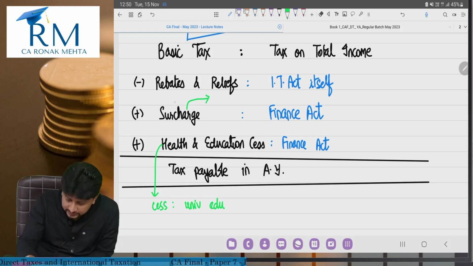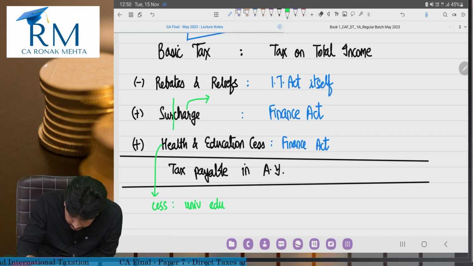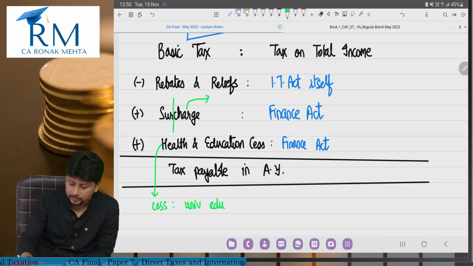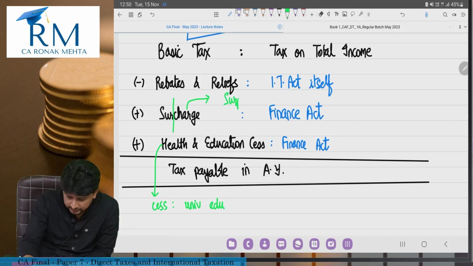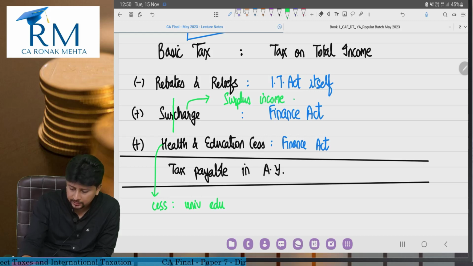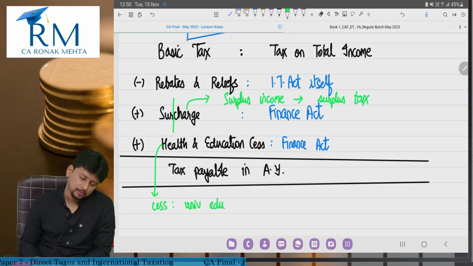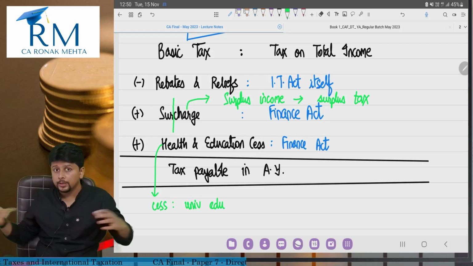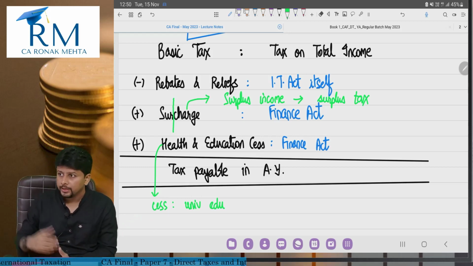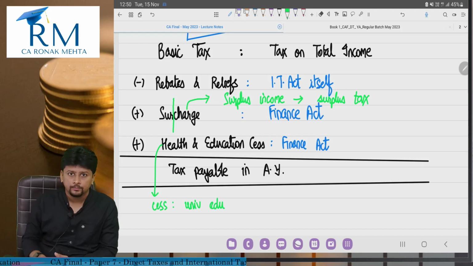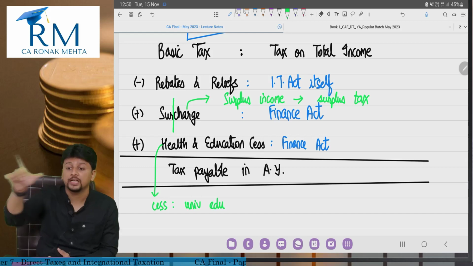So surcharge is basically this: SUR, that means I am talking about surplus. If you are having surplus income, charge, that means I am talking about charge of tax. You are supposed to pay surplus tax. You are having super duper income, your income runs into crores, then you are capable enough to contribute something extra to the government.